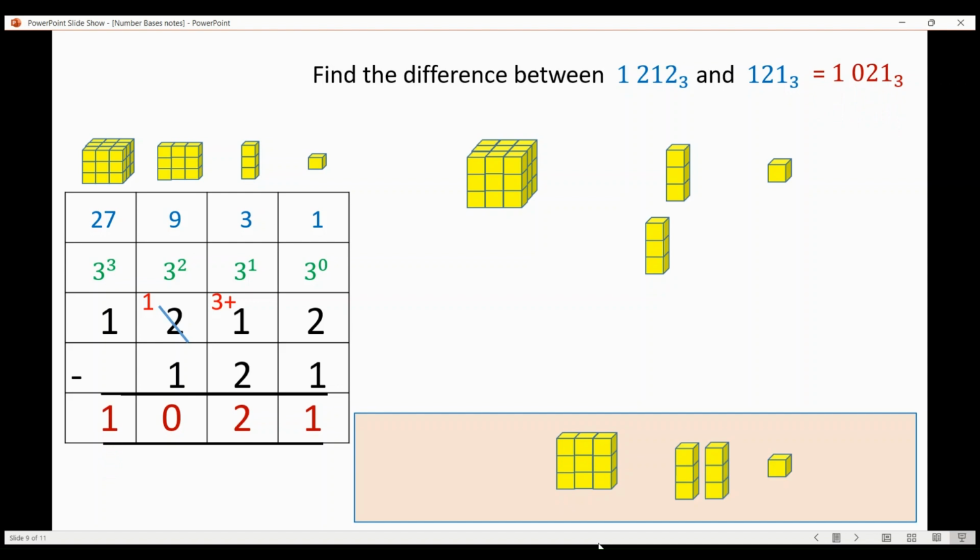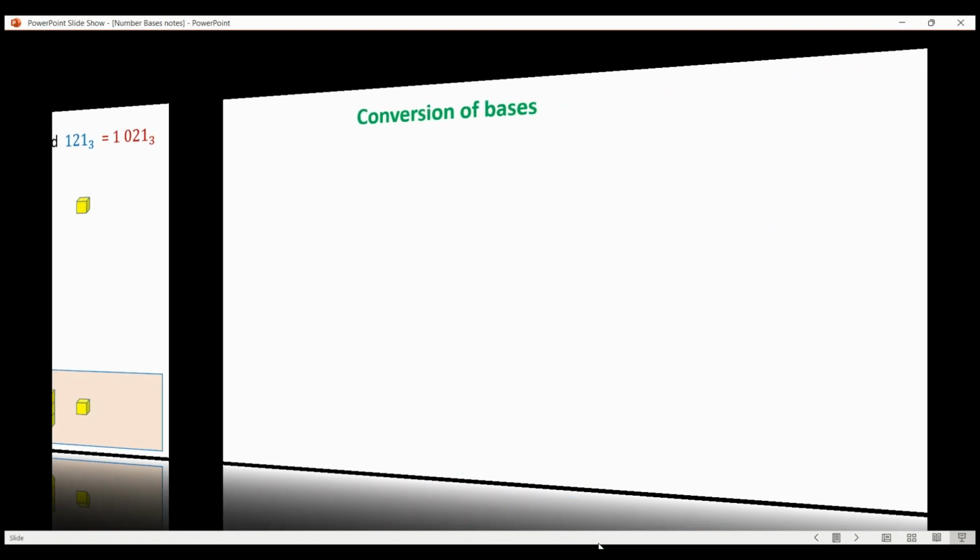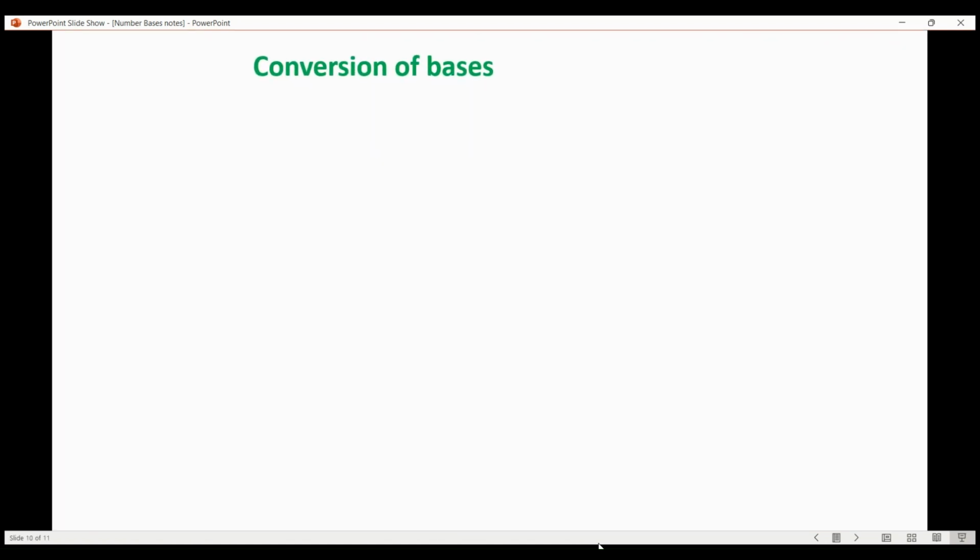As such, we started with 1, 2, 1, 2, and we removed 1, 2, 1. And we can see down below 1 group of 9, 2 groups of 3, and 1 group of 1. And we're left with 1 cube, 0 nines, 2 threes, and 1 one. So it makes sense.